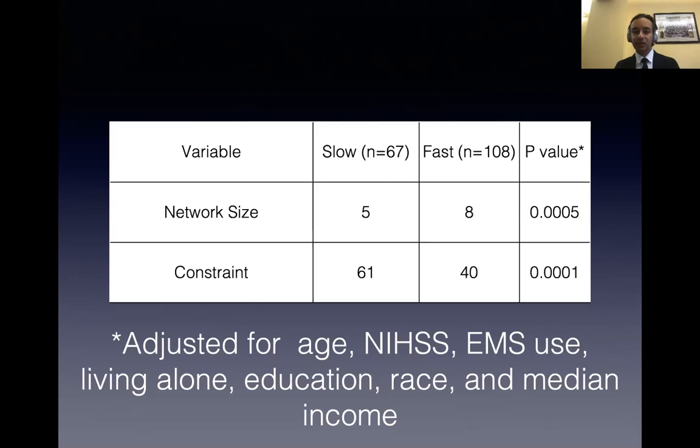And similarly, constraint was also related, in which patients with a high constraint system arrived slowly, and a low constraint network arrived quickly. We did the traditional multivariable analysis statistical work, and we controlled for the traditional variables, but we were still puzzled by why this quantitative finding was occurring.